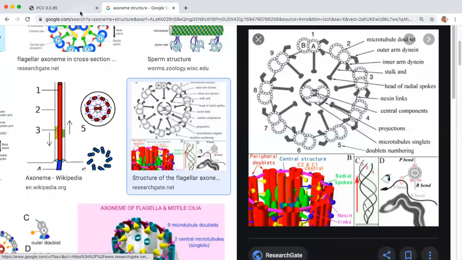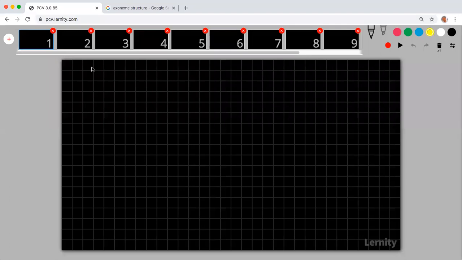Okay, so now what we will do is we'll try to study about it. Let us quickly write some points about axoneme. Centriole structure is quite different, so let us just try to see.